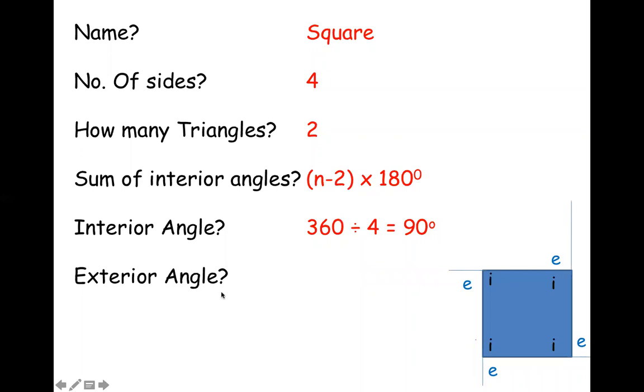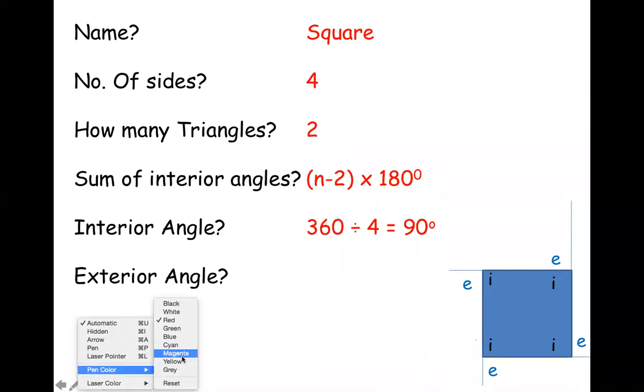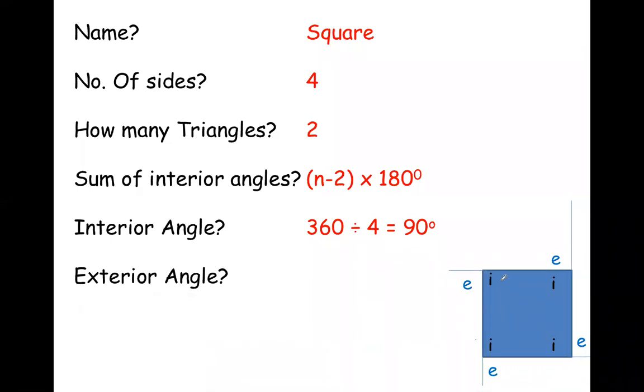This plus this plus this plus this is equal to 360. Of course, in a regular square it is 90, 90, 90, 90, which is 360. But in all quadrilaterals, trapezium, any 4-sided polygon, it will be 360.